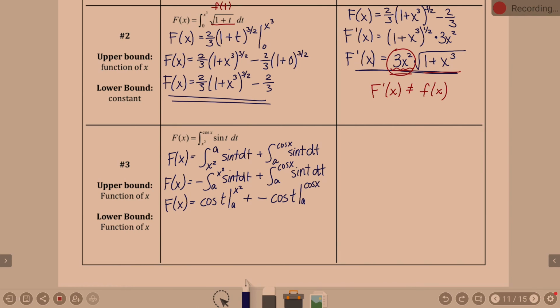If we evaluate these and plug everything in: cosine of t evaluated from a to x squared, excuse me, cosine of x squared minus cosine of a. Then this next one, it's plus negative, so I'm going to say minus. I'm going to start parentheses, and it's going to be minus the cosine of cosine x minus cosine a.